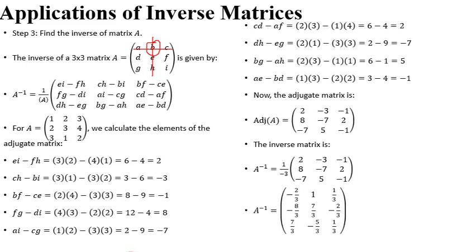So it will now be GF minus DI, alternated. The next one will be, okay, you also cover this up and you are left with the 2 by 2 matrix ACGI.